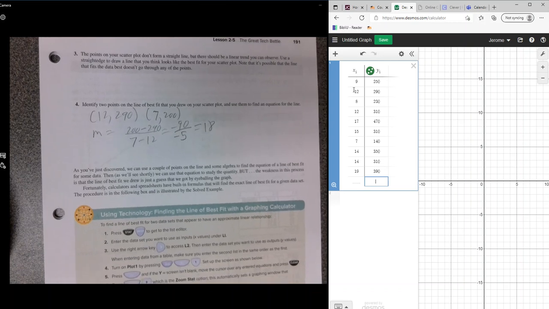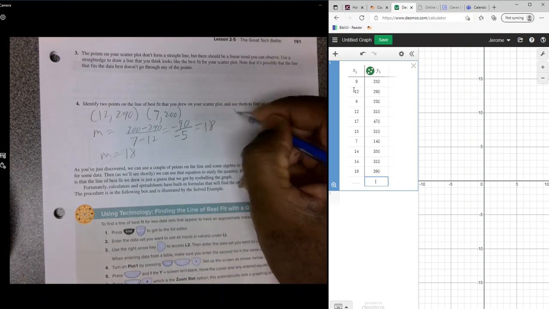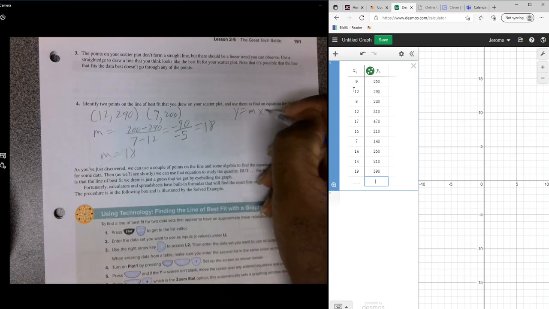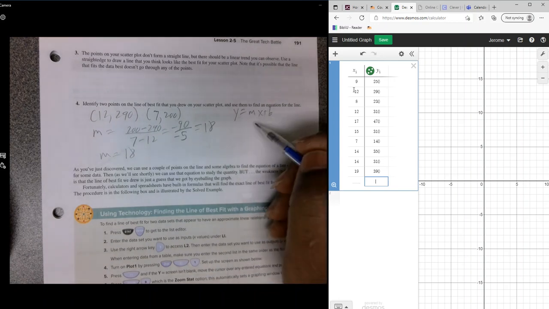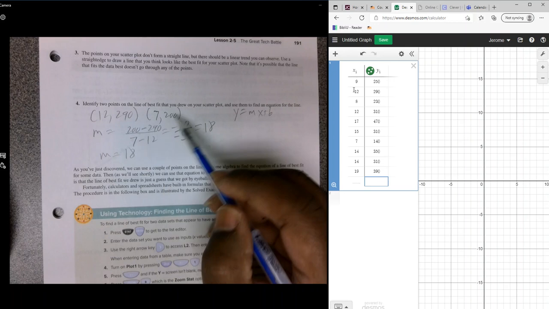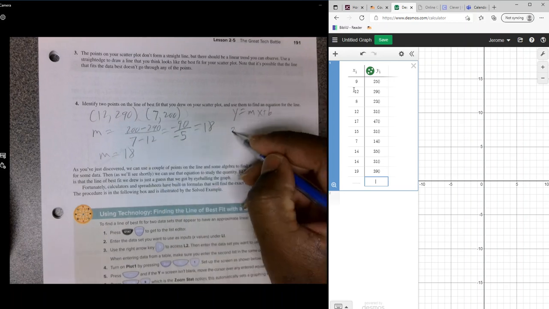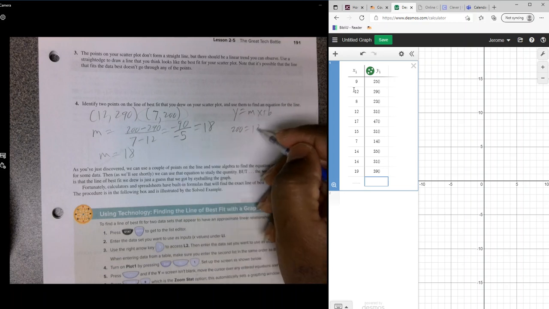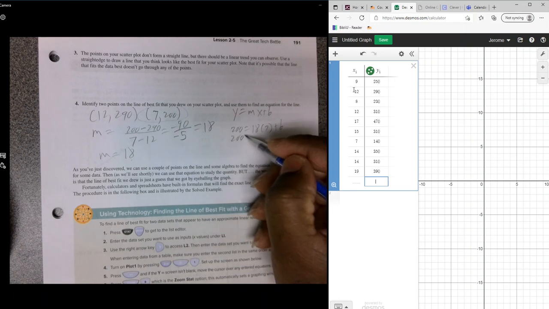Now, I want to tell you an easy way of possibly doing this. Since we have the slope, we know we want to get to y equals mx plus b. That's what we want to get to. So we could pick one of these 2 points. I'll pick the second point, and then we take the slope. So y here would be 200, the slope would be 18, and x would be 7. So it'd be 200 is equal to 126 plus b.